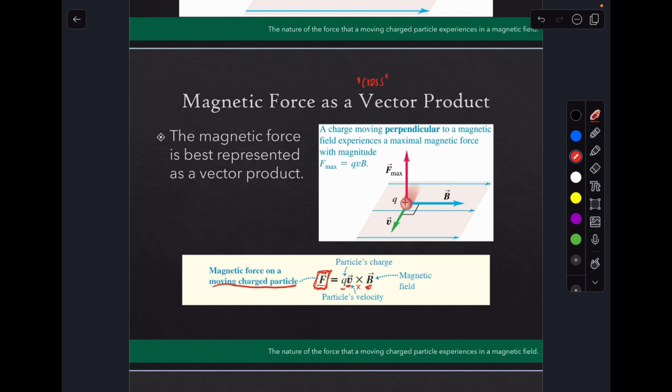So in other words, the plane created by those two vectors, V and B, F is perpendicular to that plane. Okay, that's another way to think about that. The plane created by V and B, F is going to be normal to that plane. Okay?